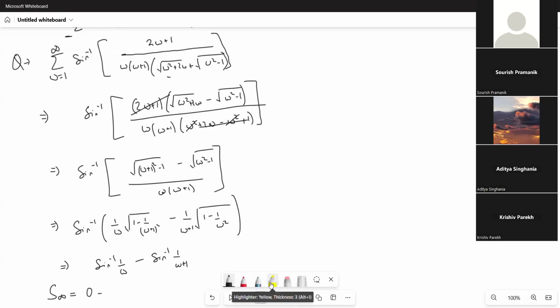Omega is 1, so 1 by omega will be the maximum. So sin inverse will be maximum. तो इधर से पाई बाई 2 आएगा और इधर से साइन ये 0 आएगा. हाँ ठीक है. तो S infinity would be pi by 2. Clear everyone?